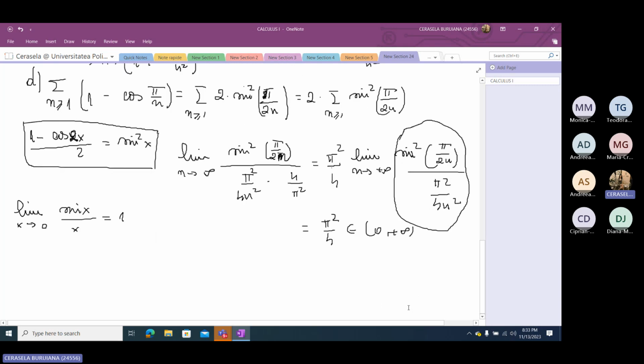That means our series has the same nature as the Riemann series of general term 1 over n squared. So the series, is it convergent or divergent?